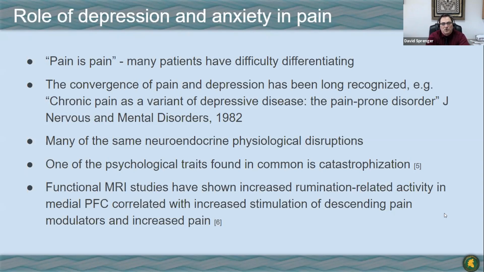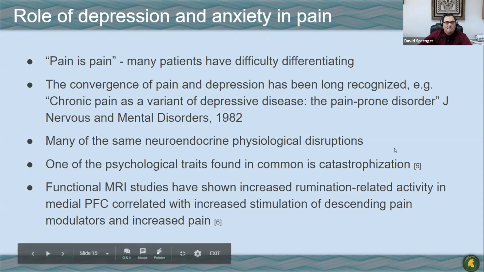And then this is correlated with increased stimulation of descending pain modulators and increased pain. So there's something about that ruminative activity that is very common in depressed patients that is also seen in folks with chronic pain.